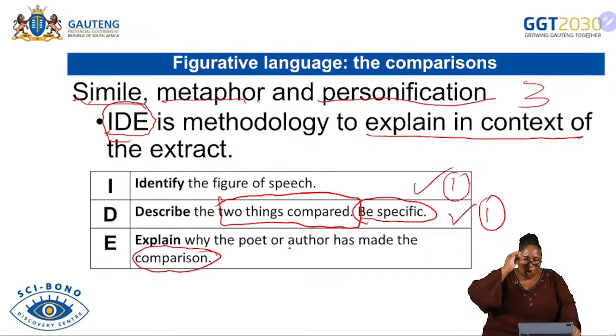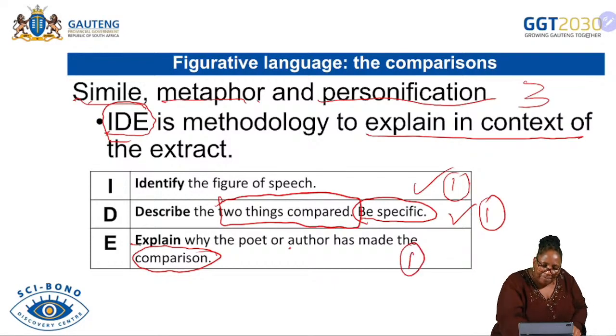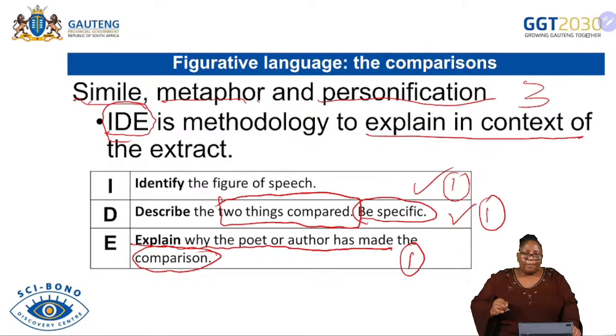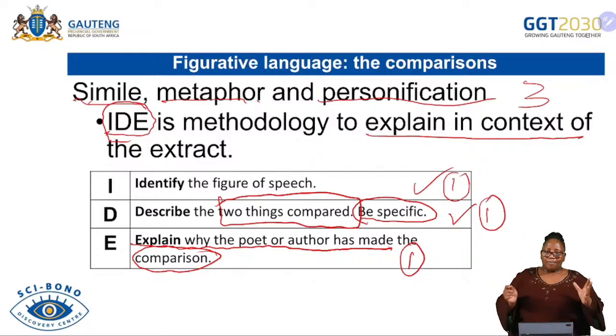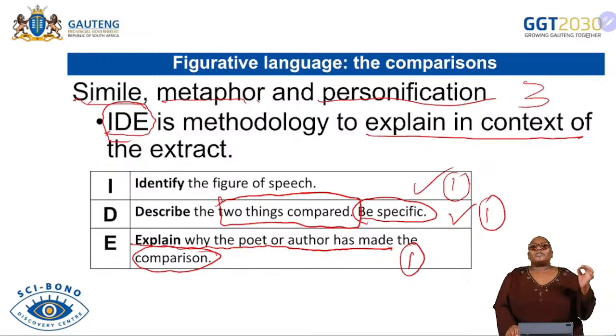You will conclude for the next mark by doing what? By explaining why the author or the poet has made that particular comparison. You must know each time you see a figure of speech, it is followed by explanation.